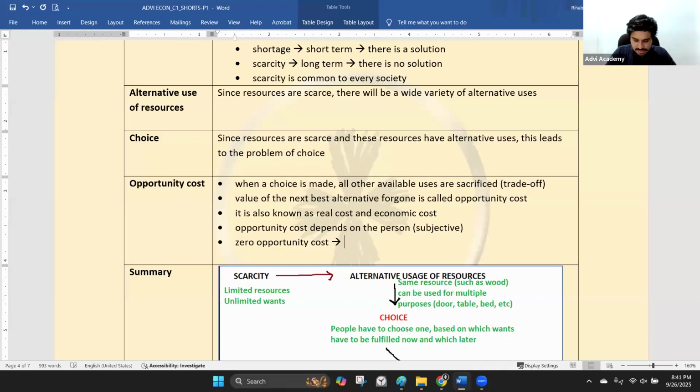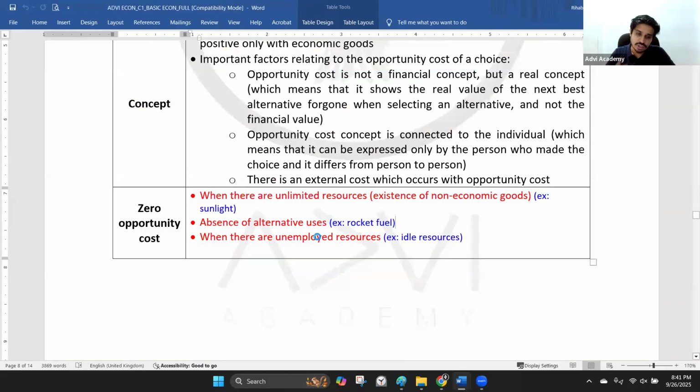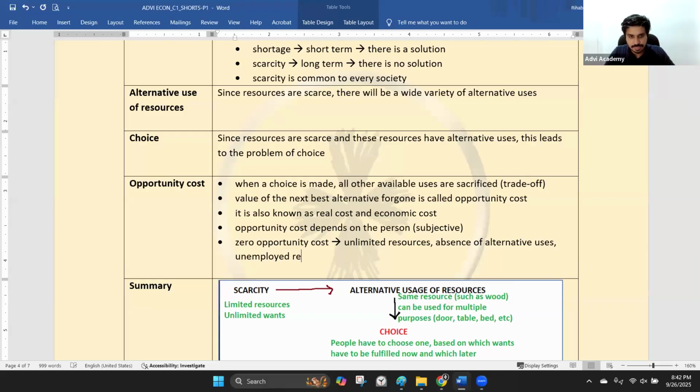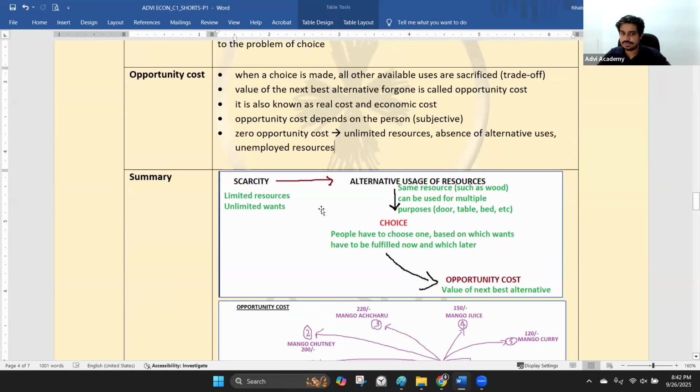One is where the resources are unlimited, such as sunlight. The other is where there is absence of alternative uses. And the third is where there are unemployed resources. Idle resources, we call it. Okay. So you can take a screenshot of this also. Add this also to the opportunity costs section. All right.